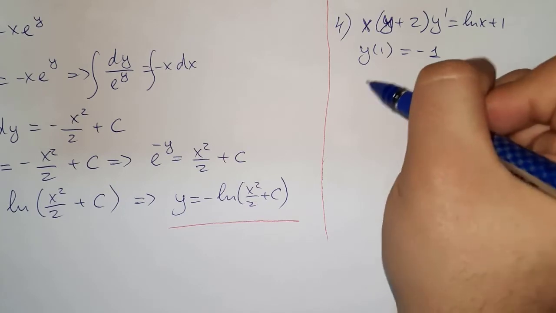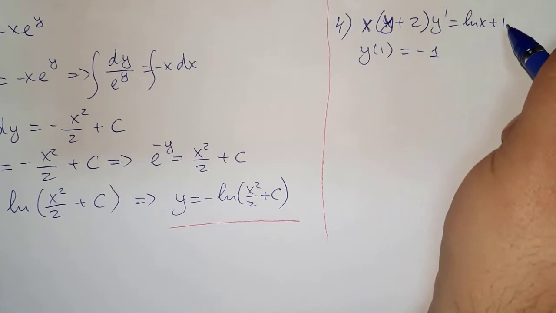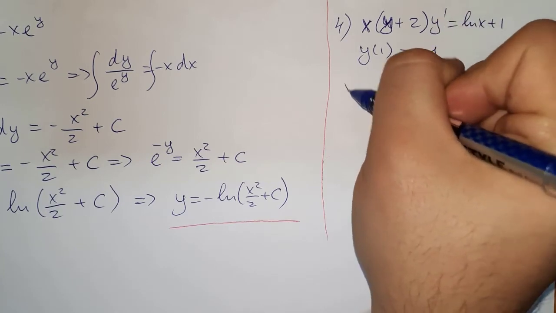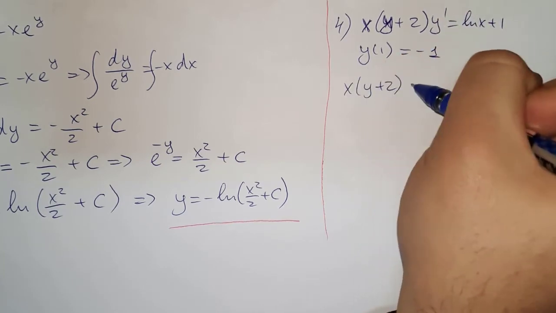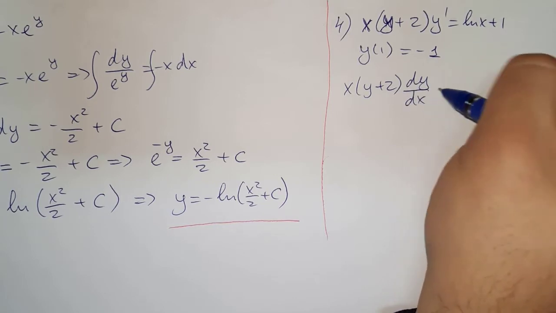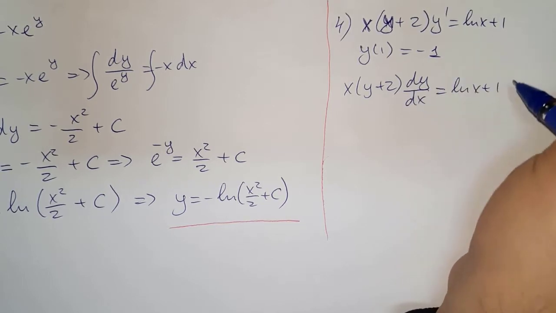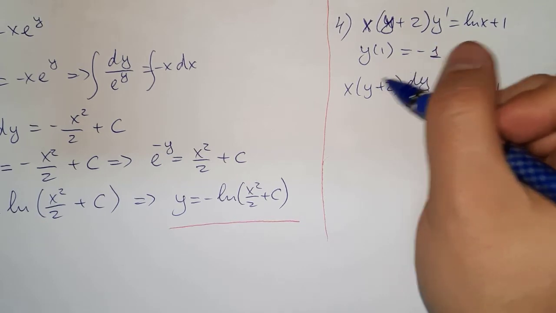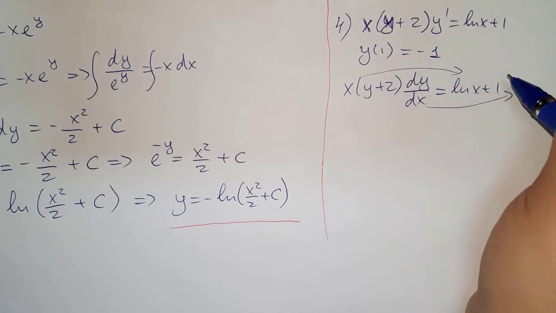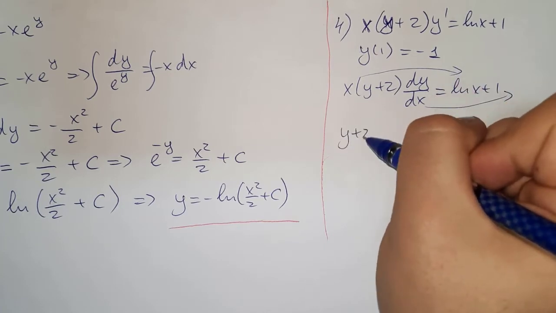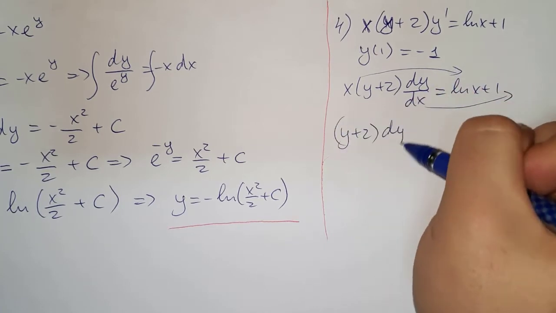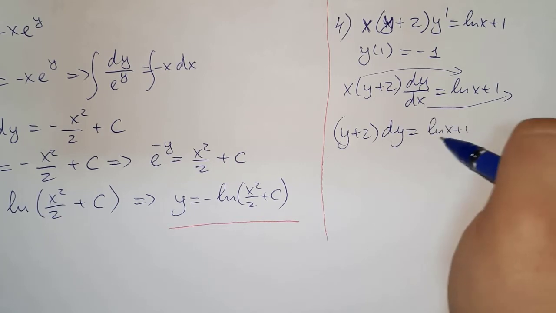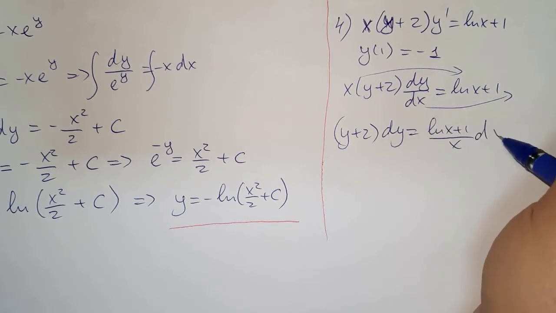So this is an equation with separable variables: x times y plus 2 times dy over dx equals natural logarithm of x plus 1. So dx to the right side again, and the x to the right side again, and that's all. So we have y plus 2 dy equals natural logarithm of x plus 1 over x dx.